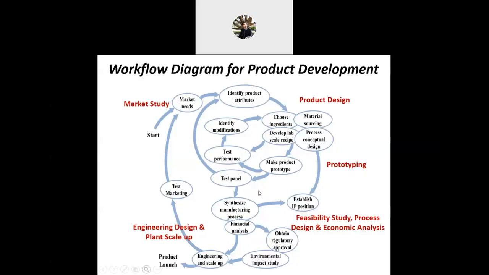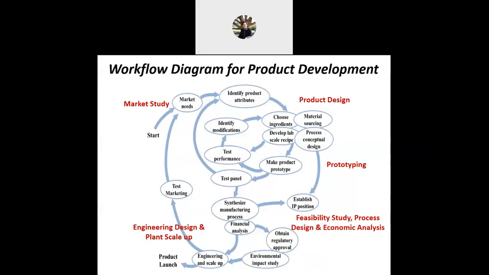So that's why we call it an iterative process. It's not really one direction. You have to do trial and error. So that's the workflow diagram for product development, which I think summarizes all of this chapter. Any questions?